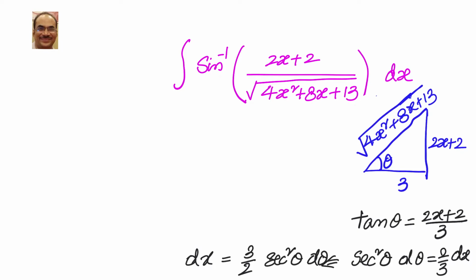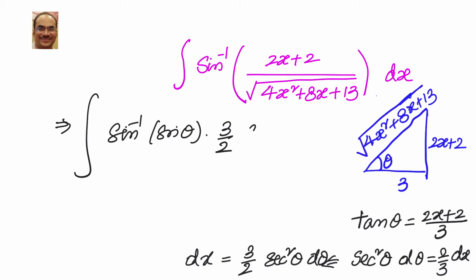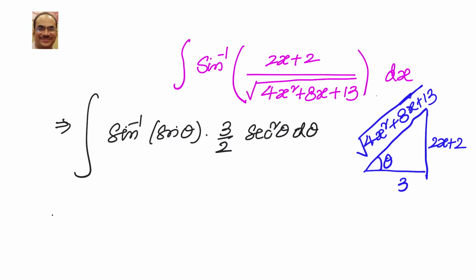So our problem now will become the integral of sine inverse of sine theta into 3 by 2 secant square theta d theta. In the next step we can take that 3 by 2 out. Sine inverse sine theta is theta, so we have theta into secant square theta d theta. This is a standard problem, integral of theta into secant square theta.